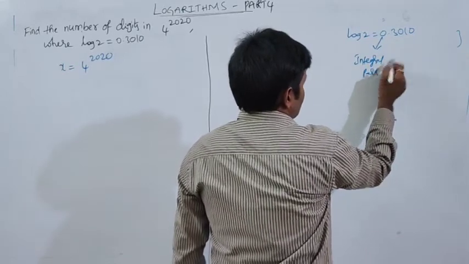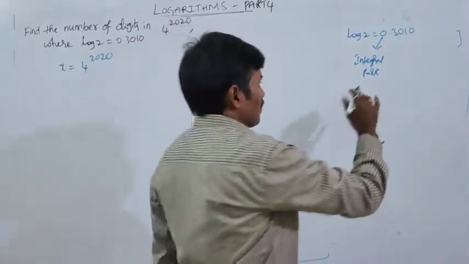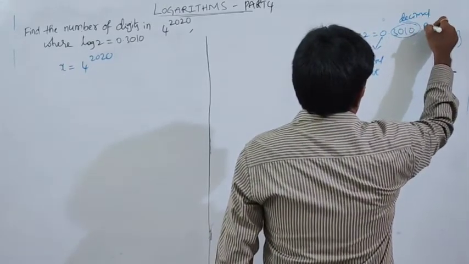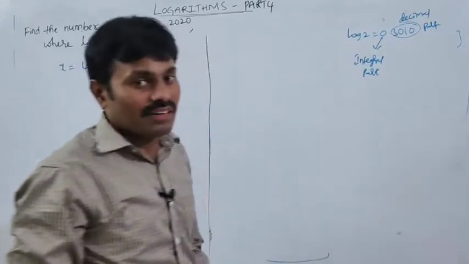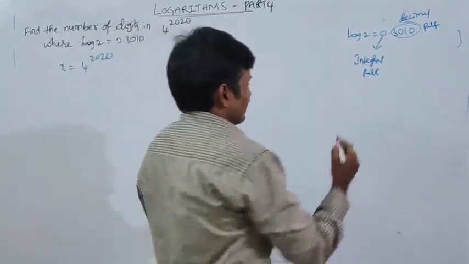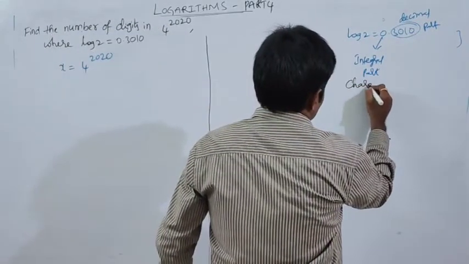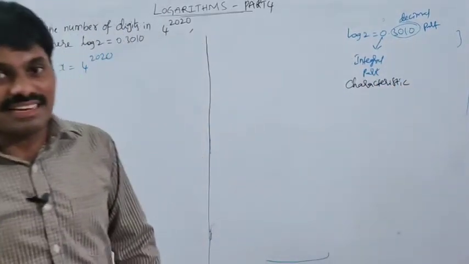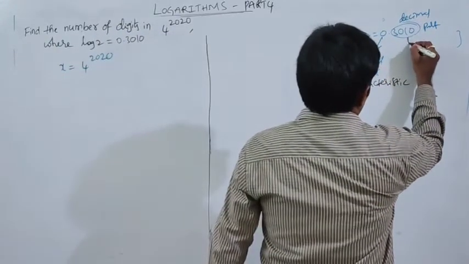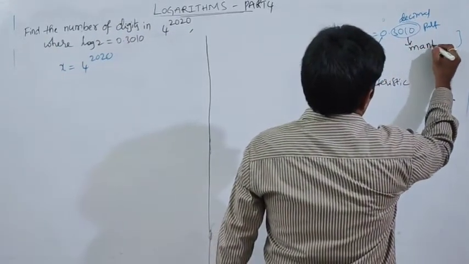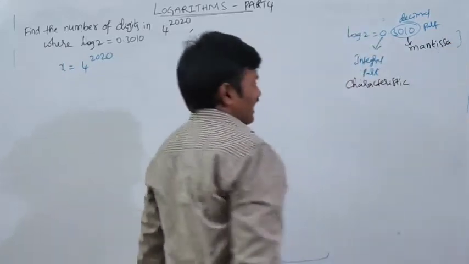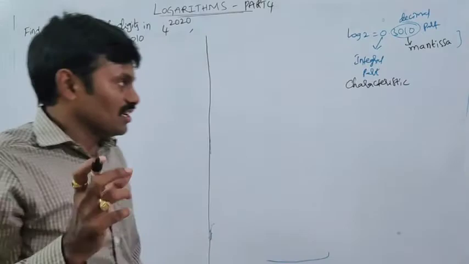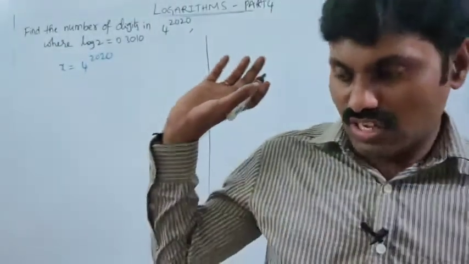Here we divide this decimal into two parts: one is the integral part and another is the decimal part. The integral part is called the characteristic, and the decimal part is called the mantissa. Characteristic and mantissa, these two are keywords to solve this question.